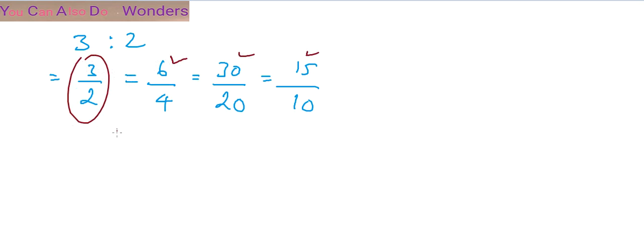Okay, same way, the ratio doesn't change, isn't it? So therefore, the ratio doesn't change if the terms of the ratio are multiplied or divided by the same number, because 3:2 is the same as 6:4 or 30:20 or 15:10.